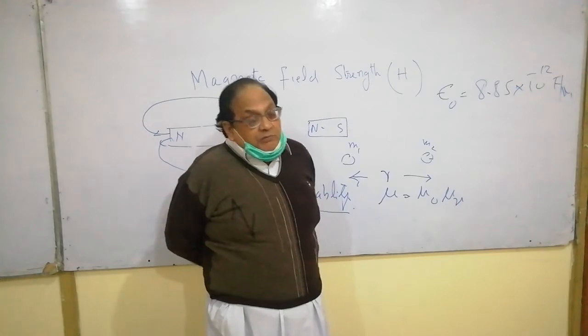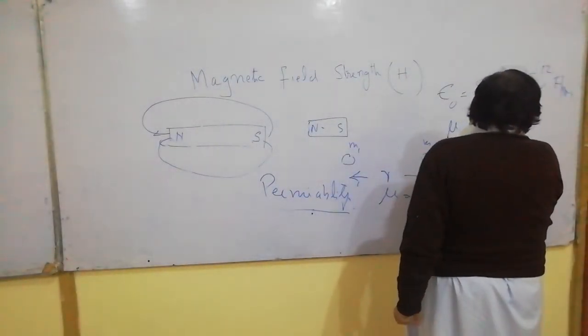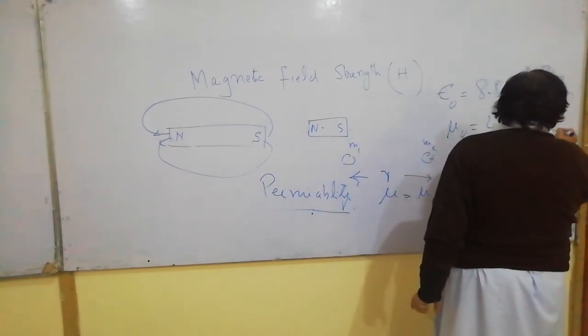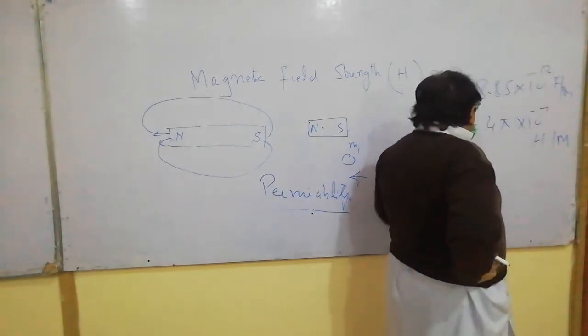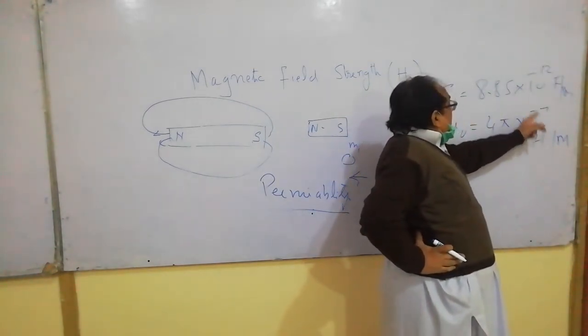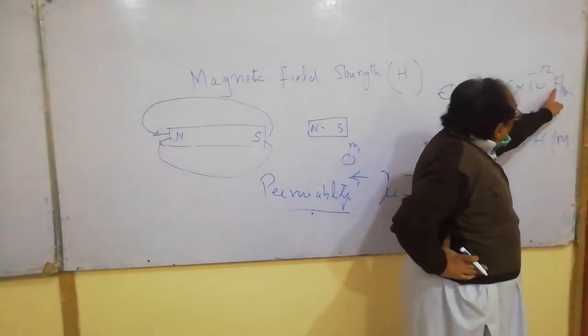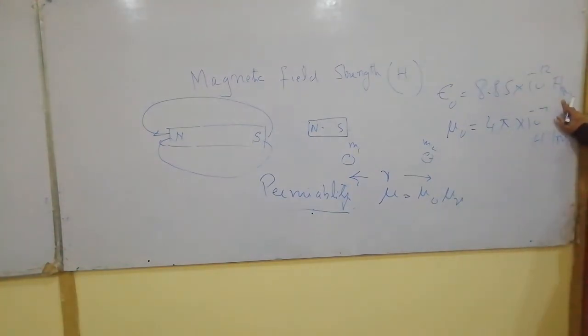The value of mu naught is 4 pi into 10 raised to the power minus 7 Henry per meter. So you can see here it is Henry per meter, and there it is farad per meter. This is used for Coulomb's law, and this is in magnetism.